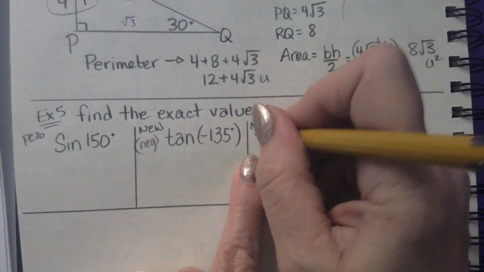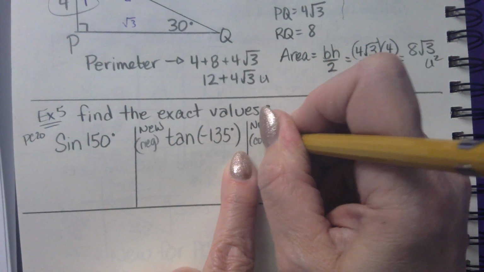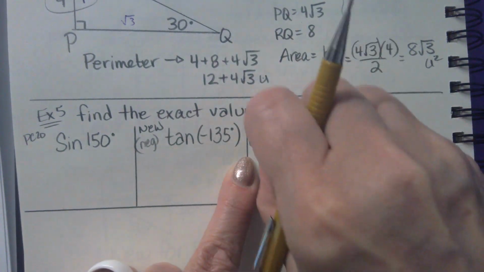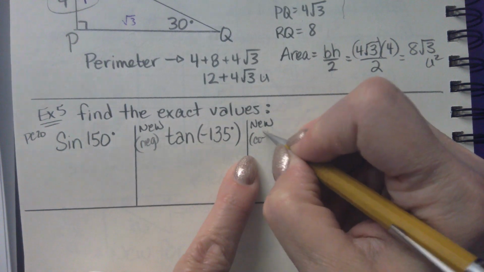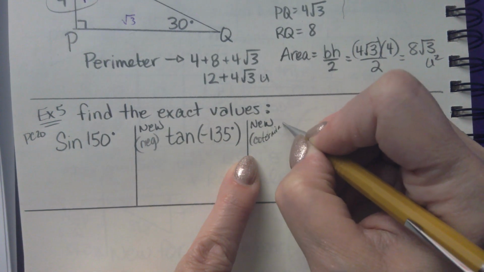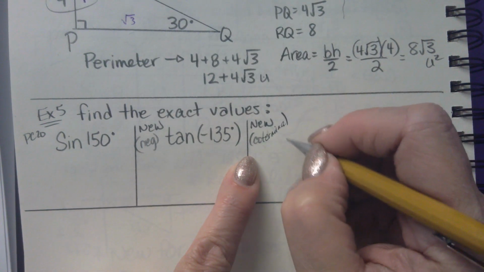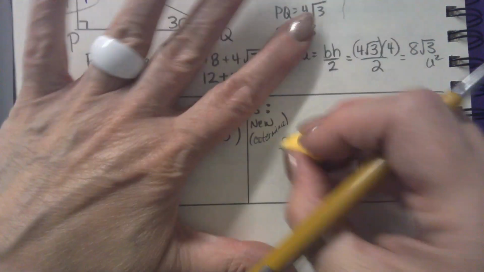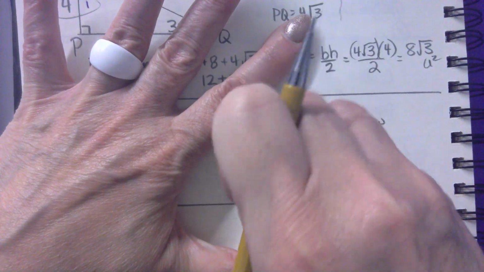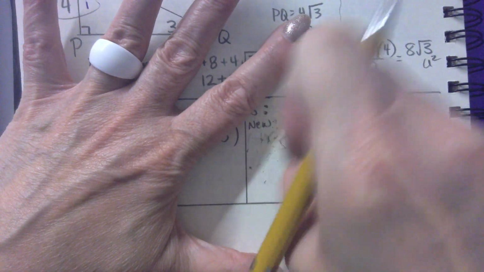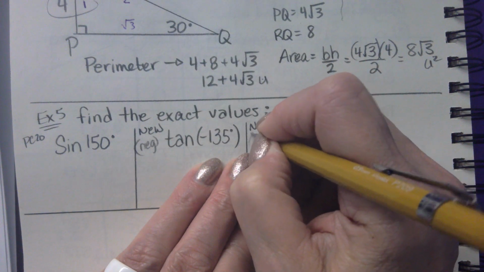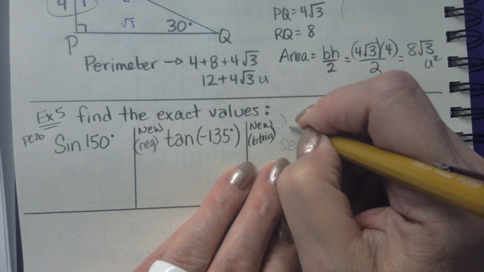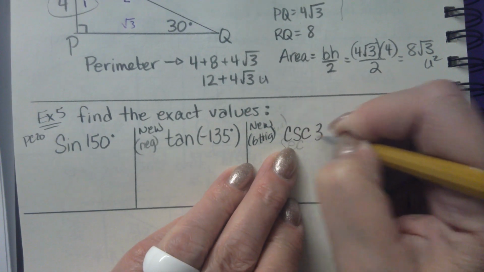Another new one would be your coterminal ones. Coterminal. Oh, just one second. I'm going to move this one. One would be the new 6 trig one, so like cosecant 315.